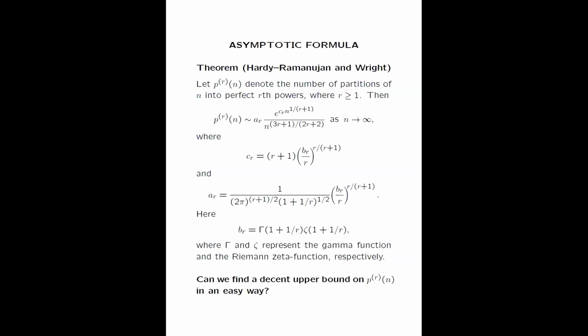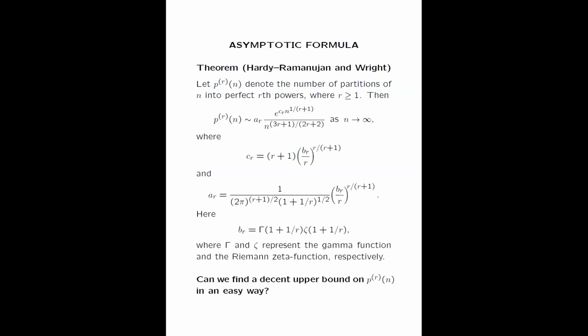But in the early 30s, Wright, as in Hardy and Wright, one of Hardy's students, did prove it. And he proved much more than what I'm giving here for the asymptotic. So you can see the formula there.